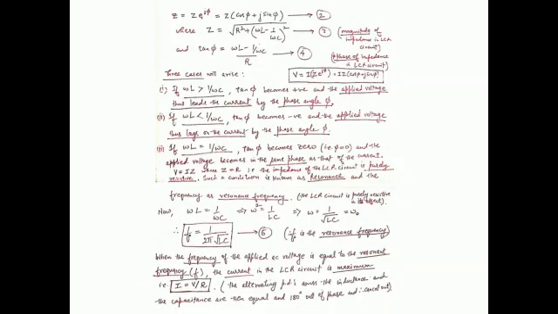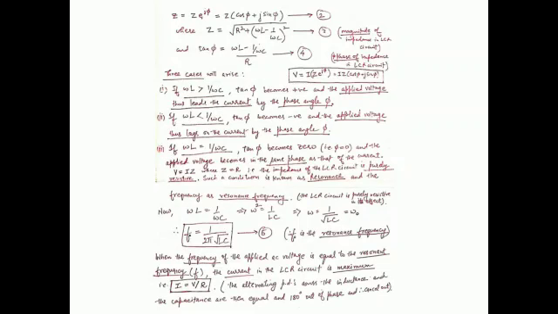Finally, the third case, which is in fact the most important case, is when omega L simply becomes equal to 1 by omega C, the inductive reactance becoming equal to the capacitive reactance. Tan phi becomes 0 since phi is 0, and the applied voltage becomes in the same phase as that of the current.